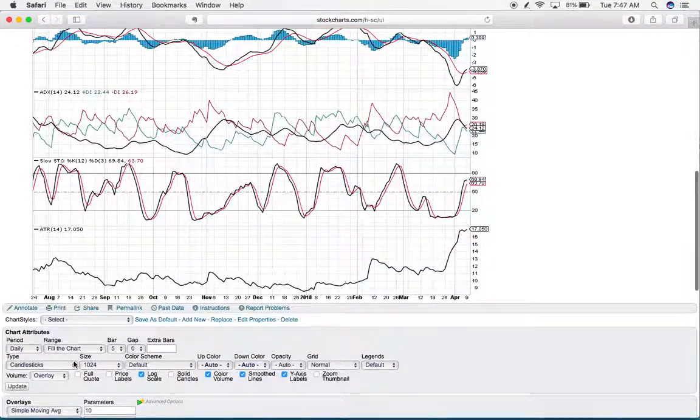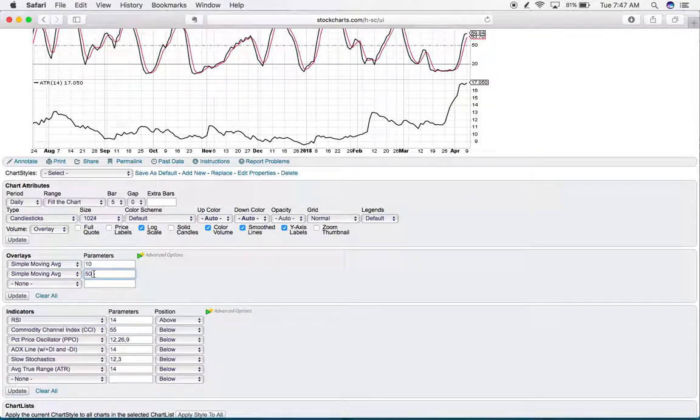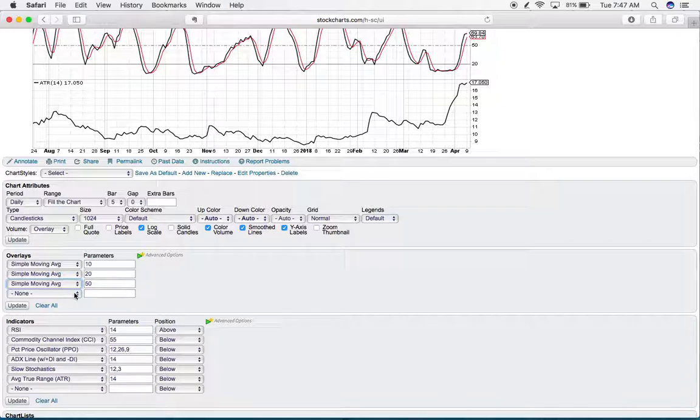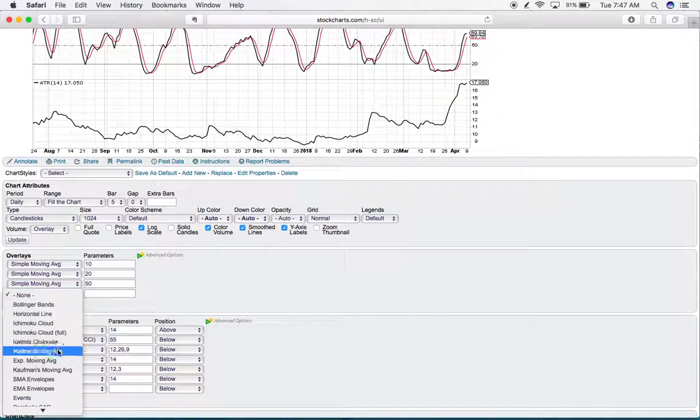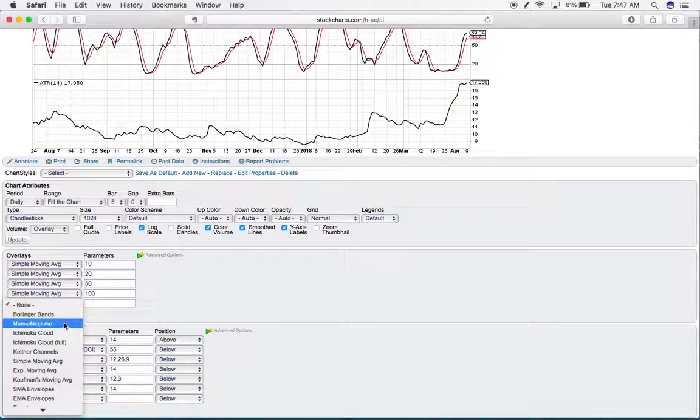So we're going to put the 10 on here. We're going to put 20. We're going to do the 50. We're going to do the 100. And then we're going to do a 200.